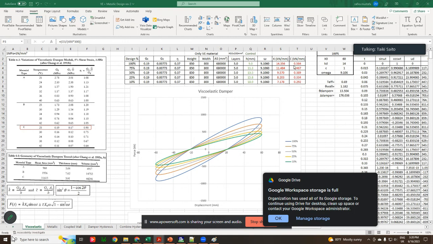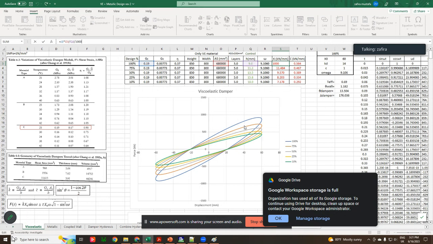Could you click K? Okay. So J3 multiplied by Q3, O3, divided by H. So how did you decide H?